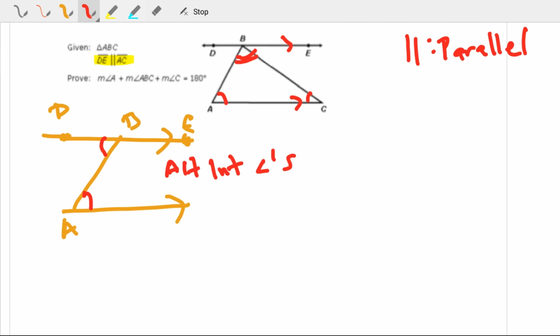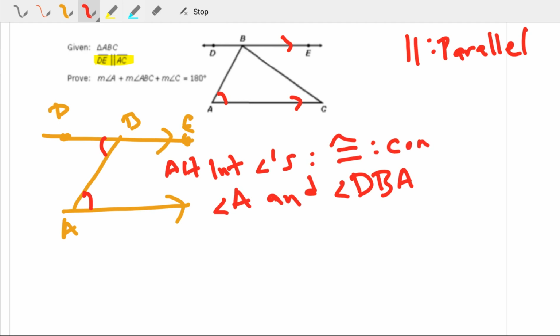Let's be a little bit more specific. We have angle A and angle DBA. If you notice, those are alternate interior angles. So this is what I'm going to do: I'm going to start color coding these. Now, what do we know about alternate interior angles?